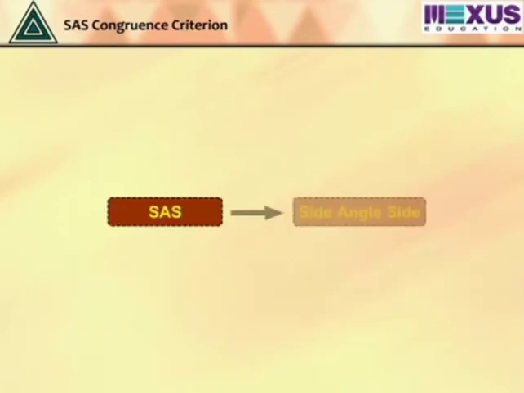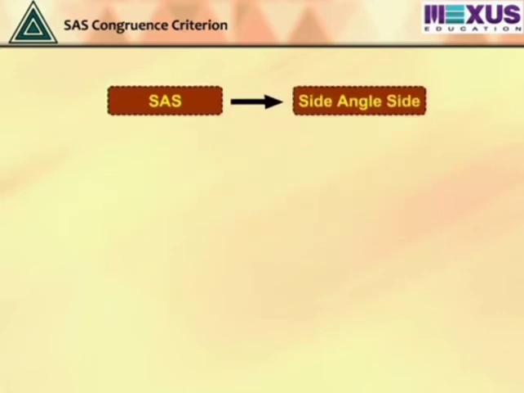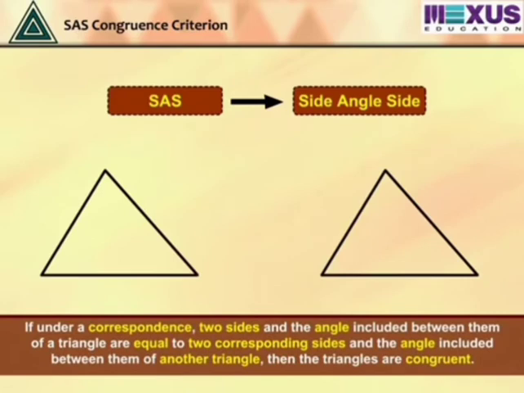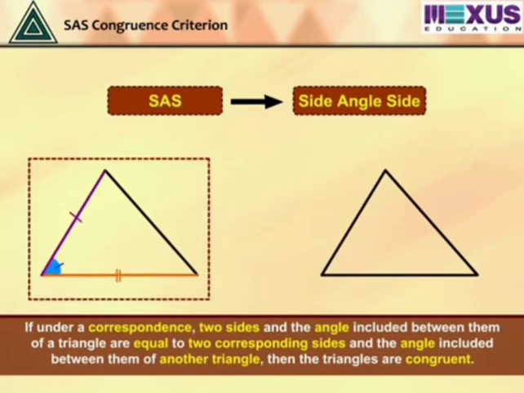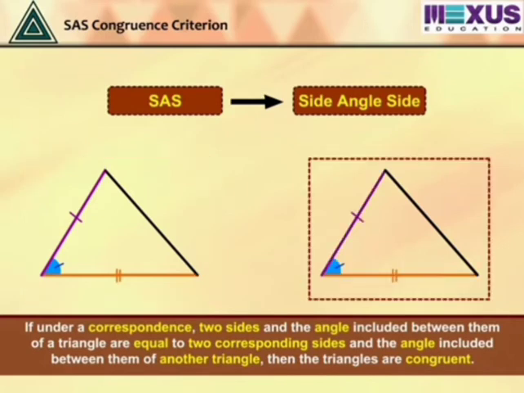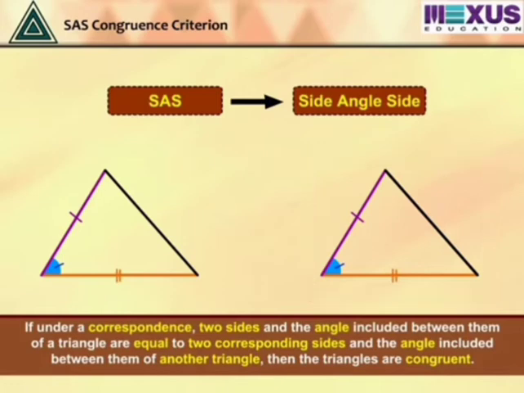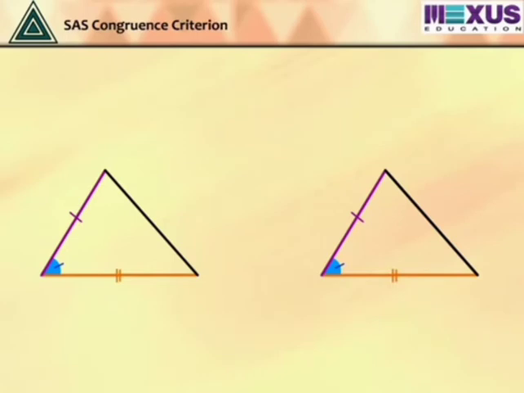Now next, the SAS, that is side, angle, side congruency criteria. That means if under a correspondence two sides and the angle included between them of a triangle are equal to two corresponding sides and the angle included between them of another triangle, then the triangles are congruent. See, two sides with the angle in between should be there.